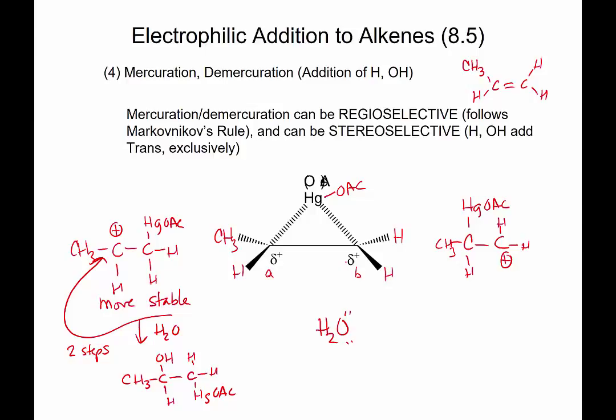So that nucleophile is going to add to the carbon, A or B, that is the most delta plus, because that's the one that's most electron poor. And which one is that?